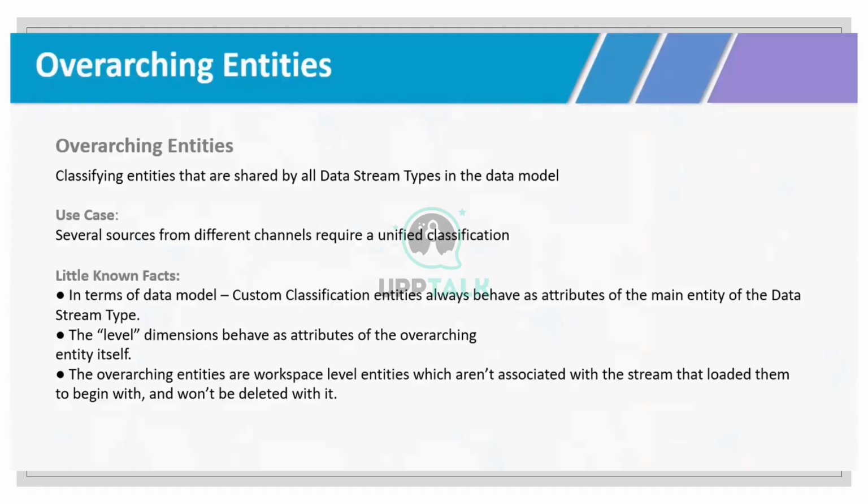The overarching entities are workspace level entities which aren't associated with the stream that loaded them to begin with and won't be deleted with it. Again, overarching entities are workspace level and not a data stream like you know it. It is at workspace level, which means it doesn't get deleted once you delete your data stream.